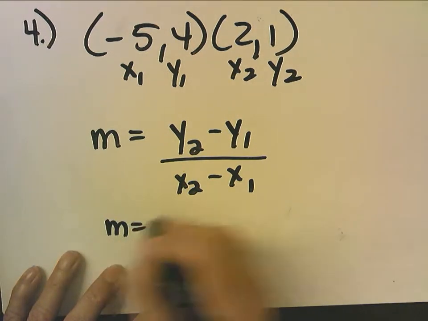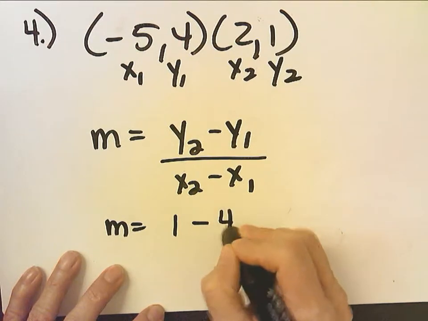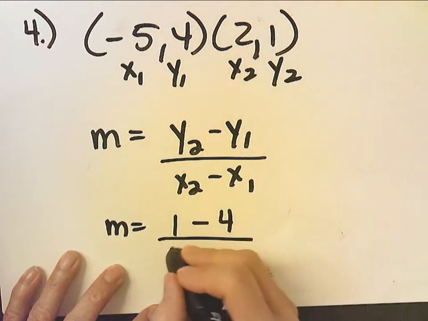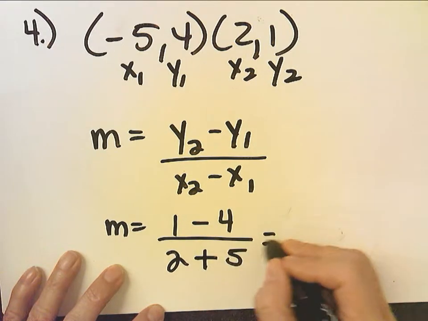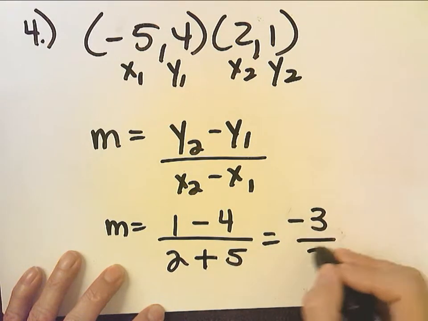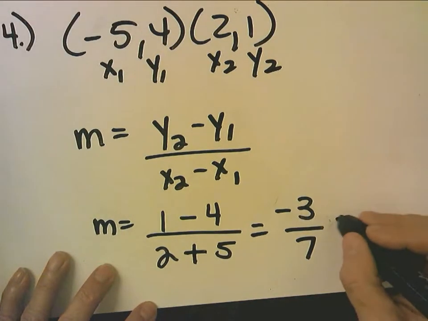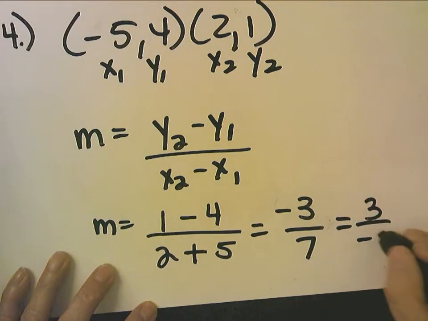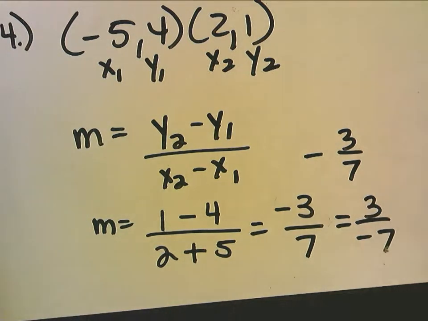So m equals y sub 2 is 1 minus y sub 1, 4, over x sub 2, 2, and minus a negative is plus. So this becomes negative 3 over 7. Now, negative 3/7 is equivalent to 3 over negative 7, and it's also equivalent to just negative 3/7.